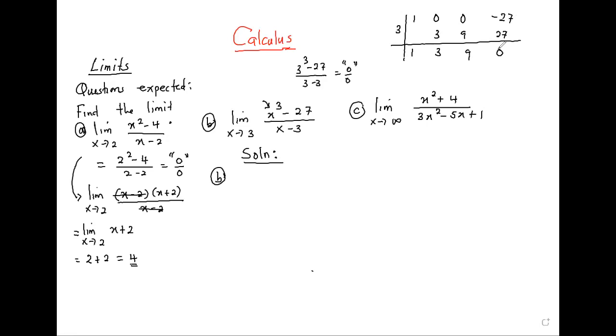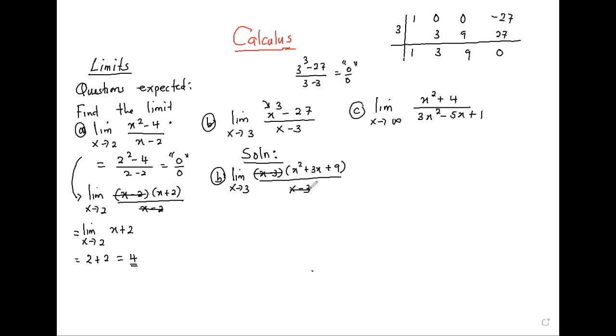So now we can write the limit as x goes to 3 as x minus 3 multiplied by x squared plus 3x plus 9, over x minus 3. Again, we have achieved our target to cancel out this part.